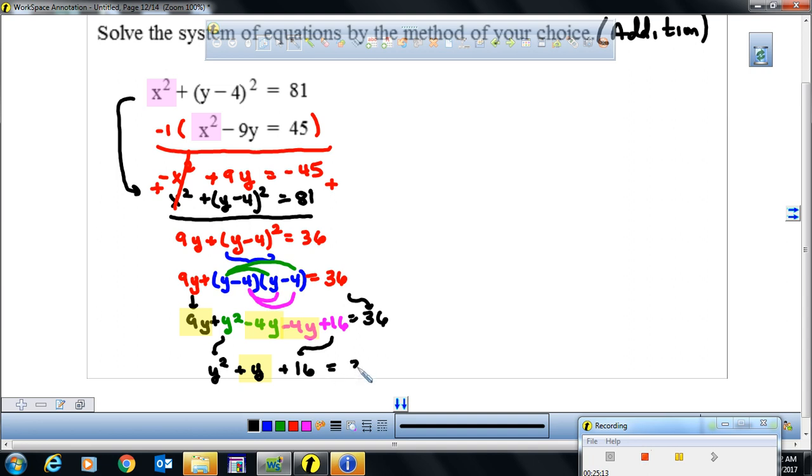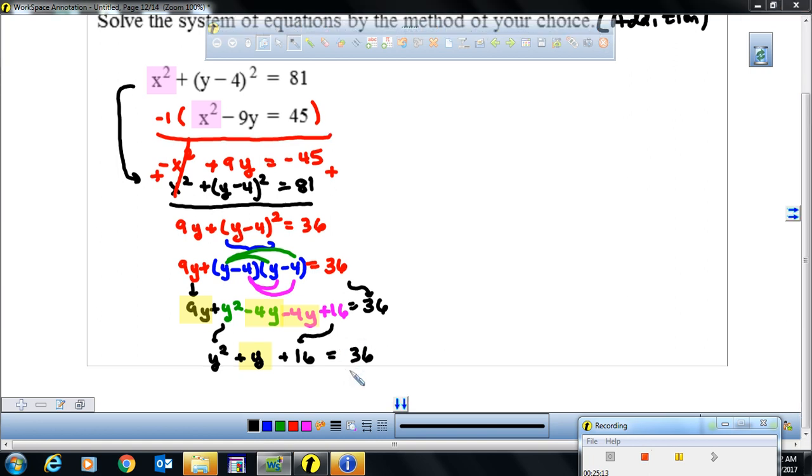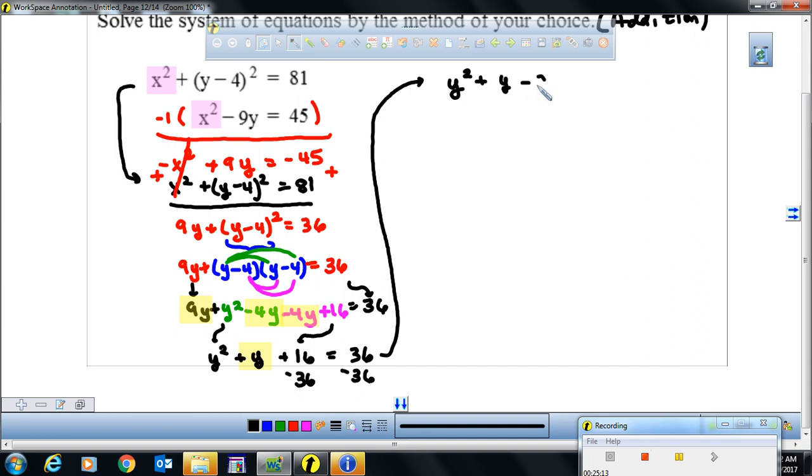That equals 36. As usual, we need to set it equal to 0, so I need to subtract the 36 from both sides. That gives us y squared plus y minus 20 equals 0. 16 minus 36 is negative 20.